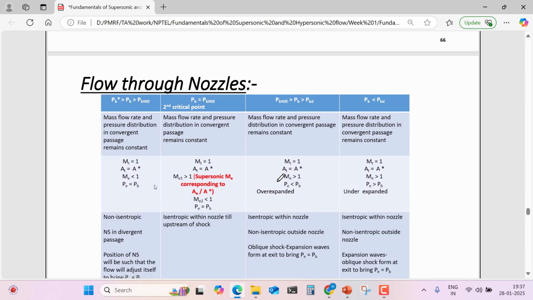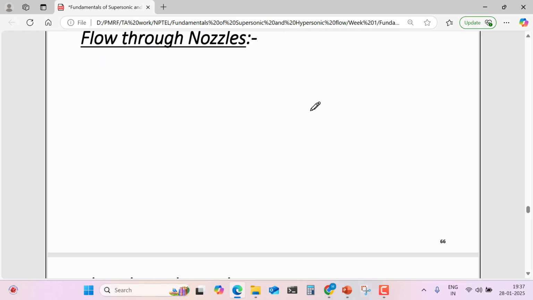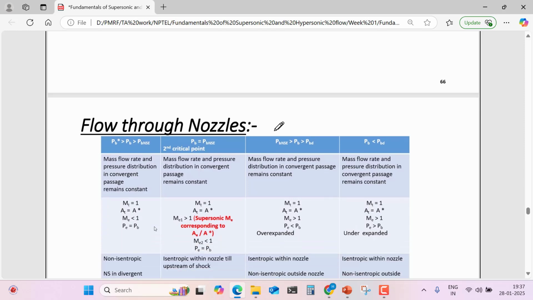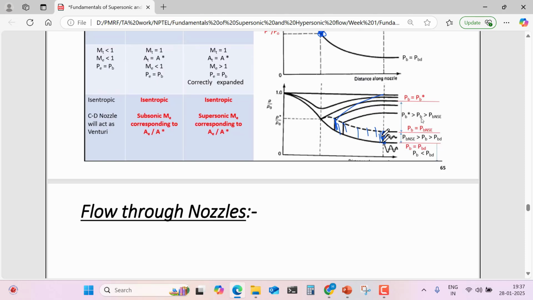And at that point, the Mach number at the throat will be 1, the throat area will be equal to A star, and at the exit the Mach number will be greater than 1 on one side, and on the other side it will be subsonic.